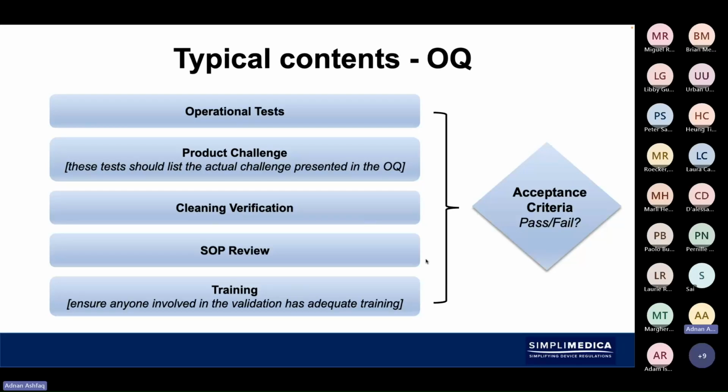Do they have adequate training to perform even the operational qualification? Any testing that's being done, we might need operators that have been familiar with this type of process before, and obviously establishing acceptance criteria. What is good and bad? It's all fair and well writing tests and everything, but if you don't know the difference between a good and a bad, it's really not going to be much use.